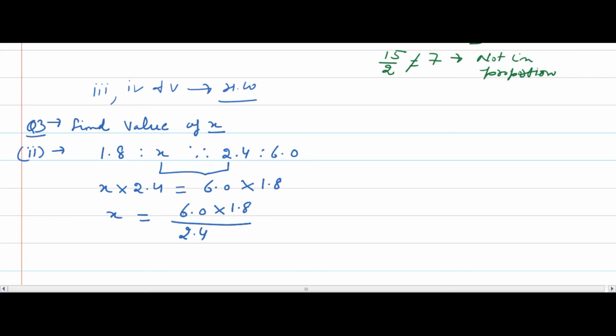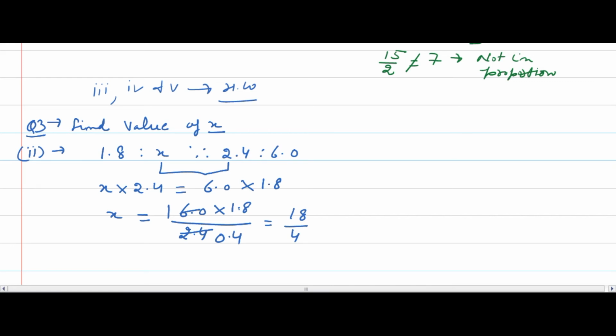Here 6 1 ja 6, 6 4 ja 0.4, then we will get 2.4. Now here one decimal place, so this will get cancelled, it will become 18/4, right?